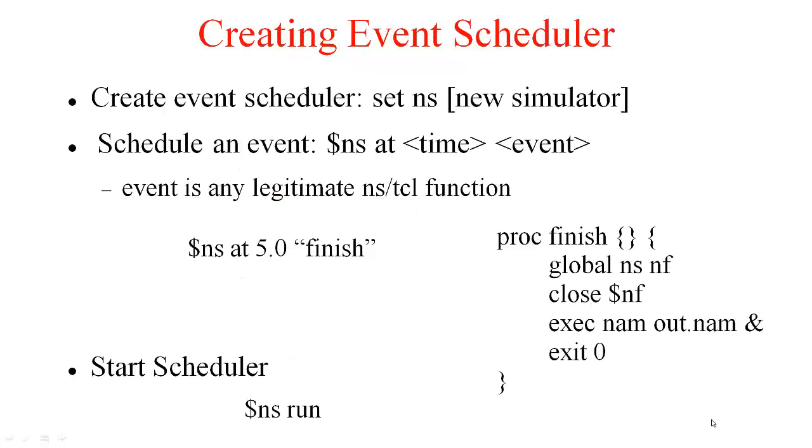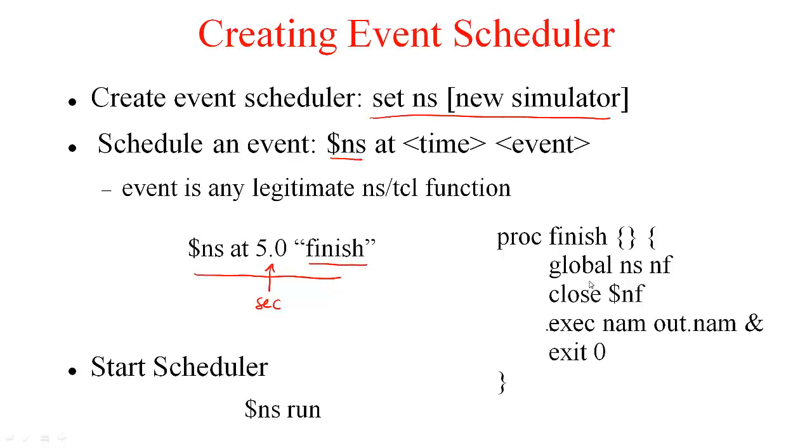So let me walk you through it. To create an event scheduler, this is the command that you use. You are basically creating a new instance of a simulator, so that creates the event scheduler. Now once you have created the scheduler, you can schedule an event. So you set $ns at time this event. For example, you can set something like this, which says that at time 5 seconds, execute this particular procedure.